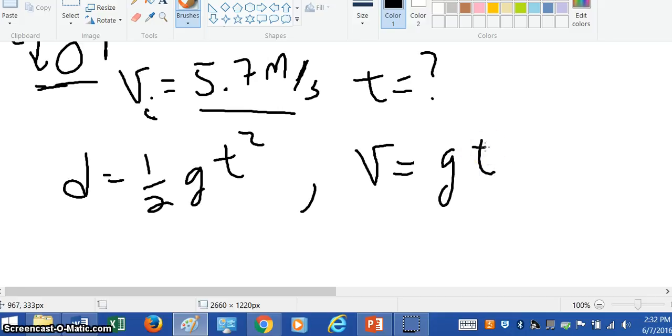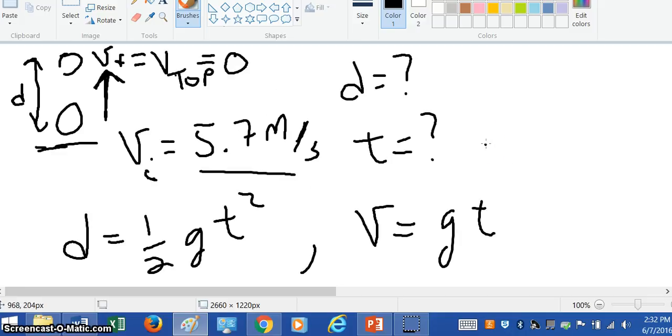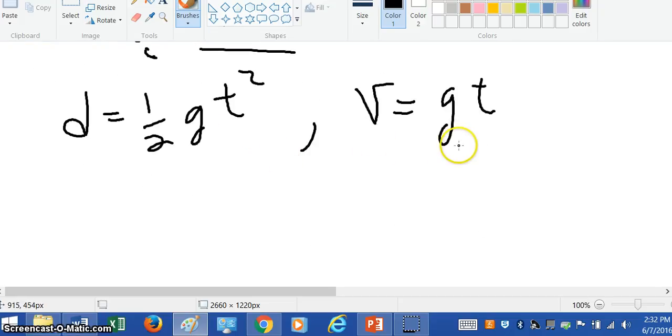And this works equally both ways. If this ball was falling from up here and reached a velocity of 5.7 meters per second, this equation would describe that fall. So it also describes the motion upwards.